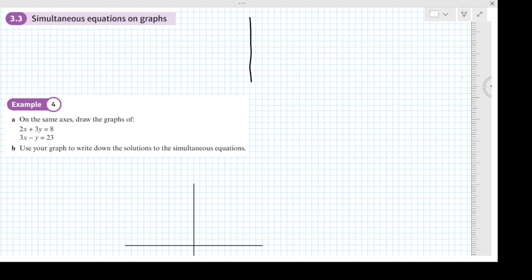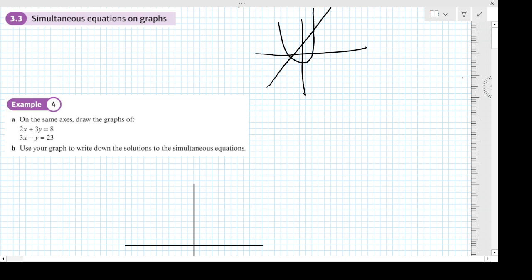Let's say we have a line here, and then a quadratic curve like this. This would correspond to, for example, y equals x squared minus 4x plus 6.